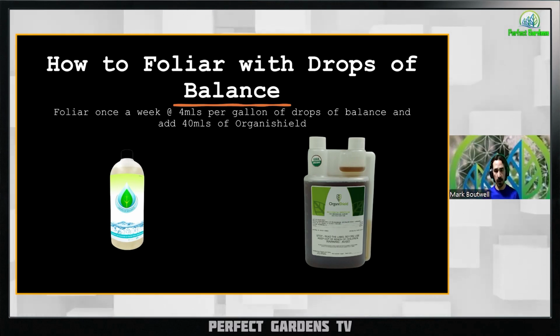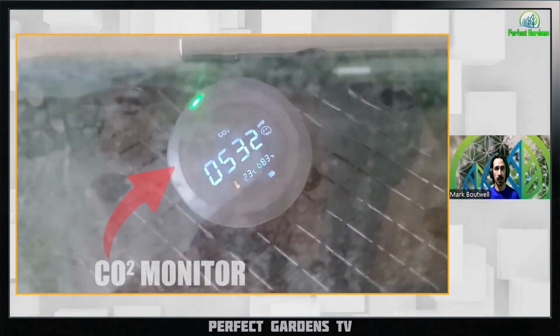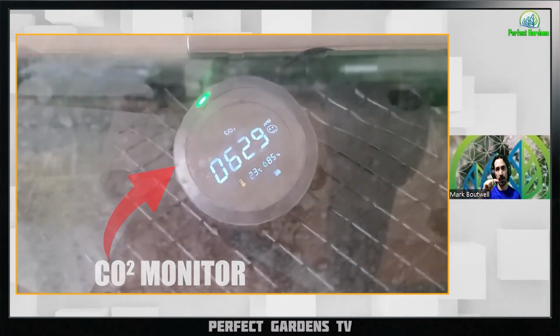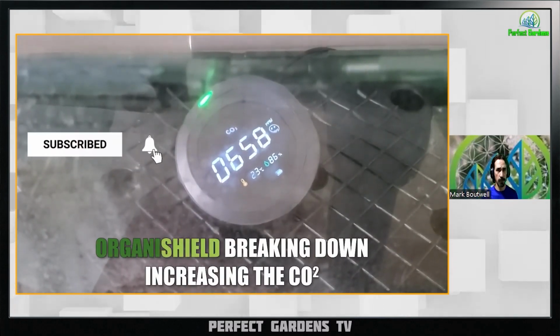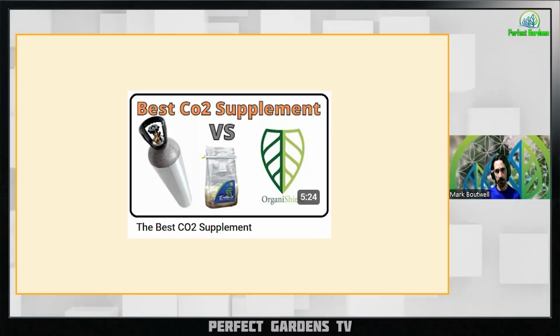With Organishield, when it breaks down after killing your bugs, because it kills bugs on contact, it breaks down to water, CO2, and sugar, and it leaves around 700 parts per million of CO2 around the surface of the leaf for around 24 to 36 hours. We did videos showing that it increases the CO2 as the product breaks down.